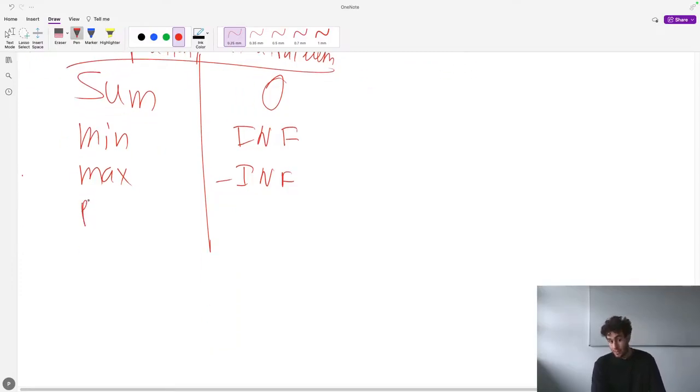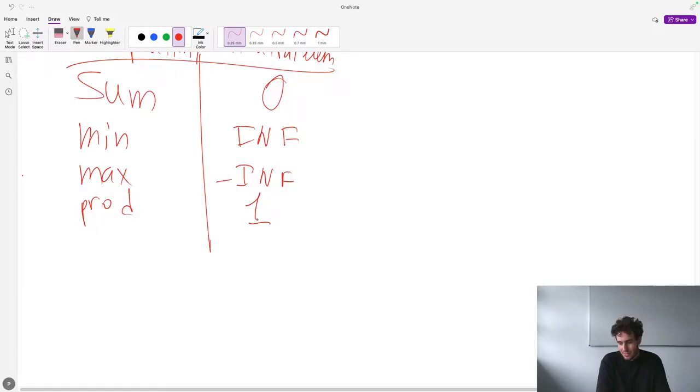What about product? If I want to store product of elements in a segment, be careful. With product, if I multiply a bunch of numbers, it's going to overflow integer very fast. So probably it's going to be product modular, but that's not important. Yes, neutral element for product is 1. If I multiply by 1, nothing happens.